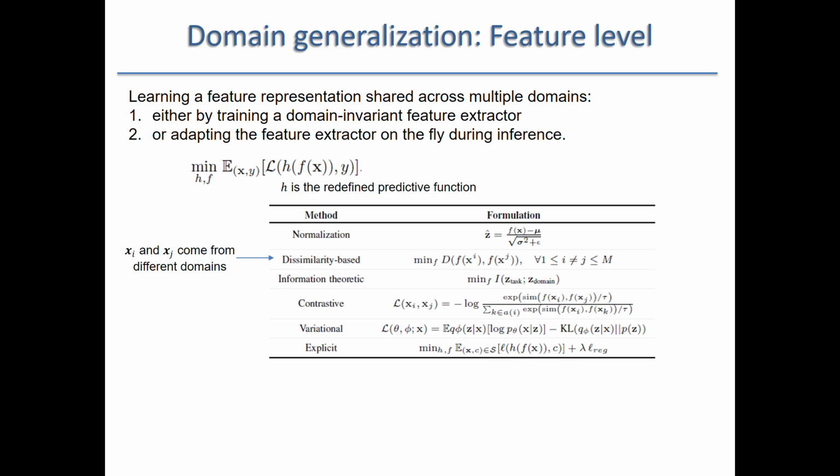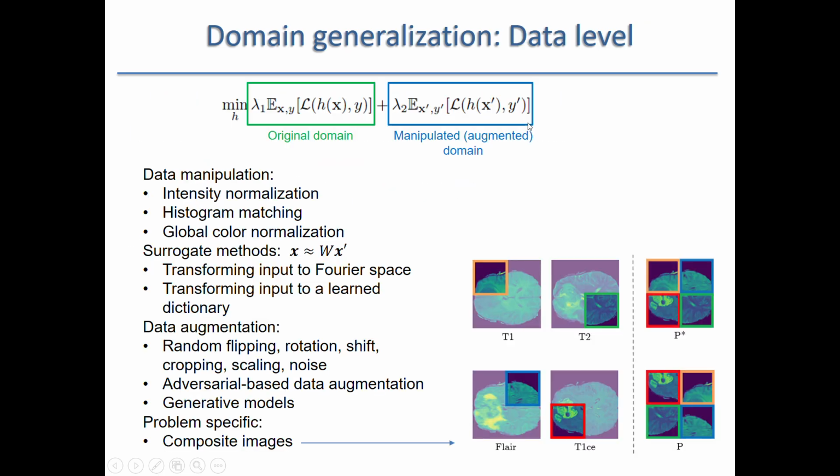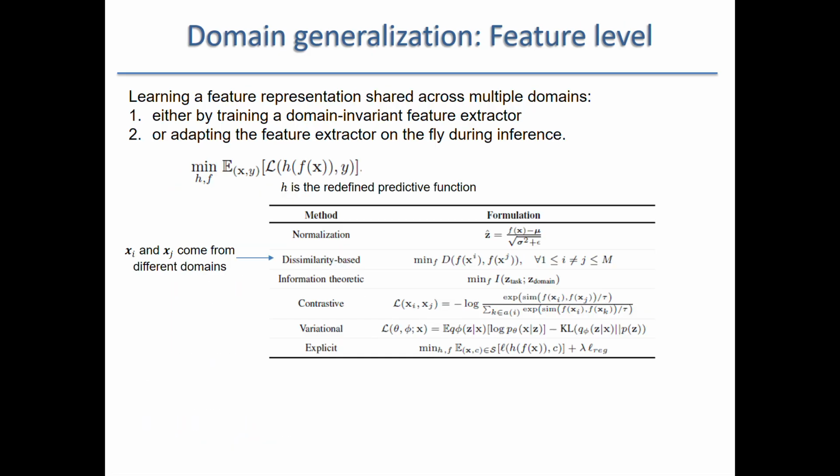Another possibility is to act at the level of features. So the idea is to have a common feature representation that is shared across multiple domains. We have to think of domains in this sense, where we have multiple modalities getting input vectors for the same object, or adapting the feature extraction on the fly during the inference.